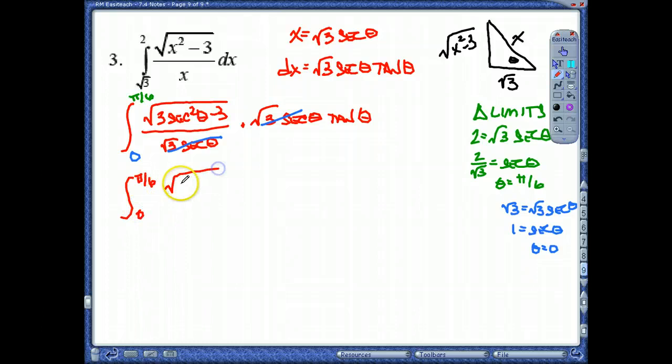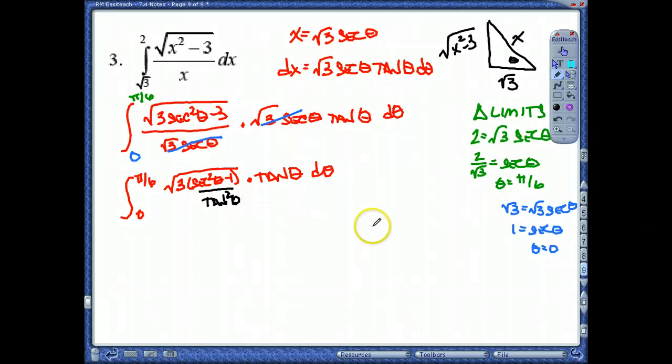If I factor out that 3, I am going to have secant squared theta minus 1, and then this is times tangent, and d theta. This secant squared minus 1 is actually tangent squared.